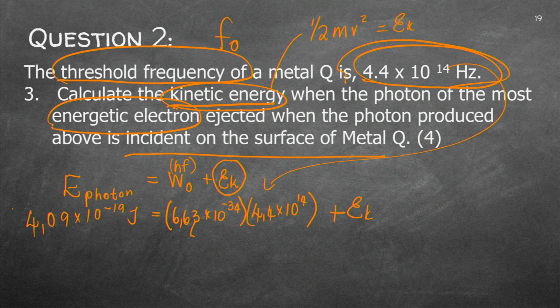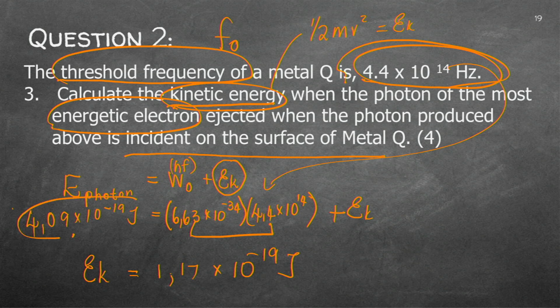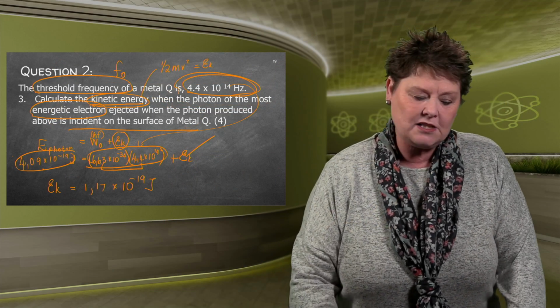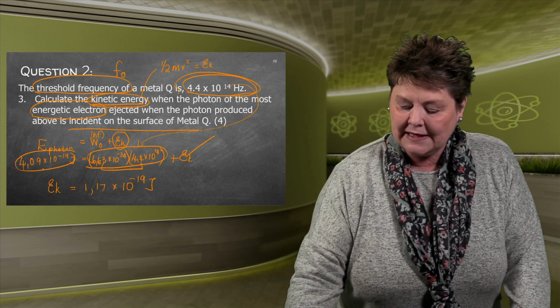Now, if you calculate that and you subtract it from that answer, you will get your kinetic energy to be 1.17 times 10 to the minus 19 joules. Important, obviously, this energy going in was higher than the work function. Therefore, it could emit an electron and it had a specific kinetic energy.